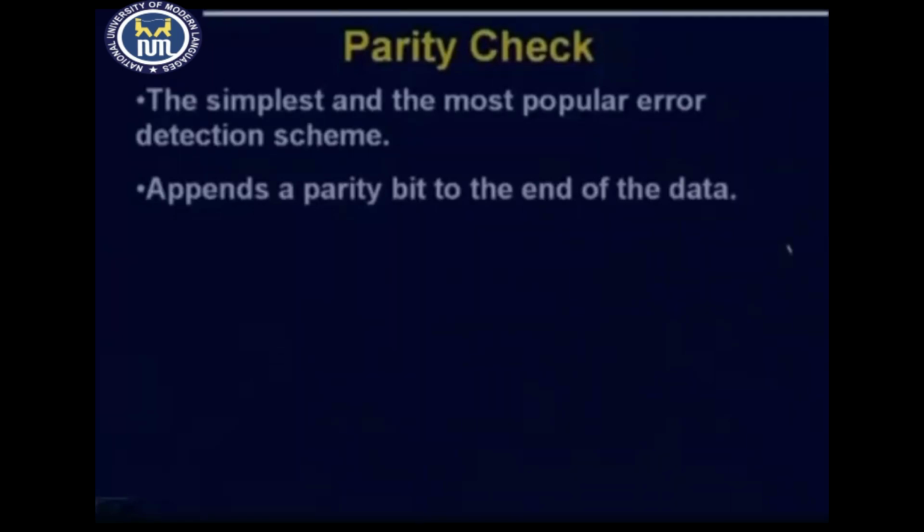It is the most simple and the most popular detection scheme. What it does is append a parity bit to the end of the data. Let's suppose we are sending a character 1011001. So there are 7 bits, and we can add a parity bit. The parity bit depends on whether you are using even parity or odd parity.